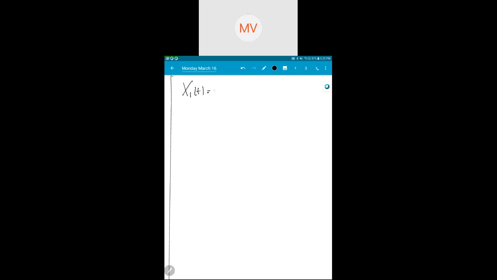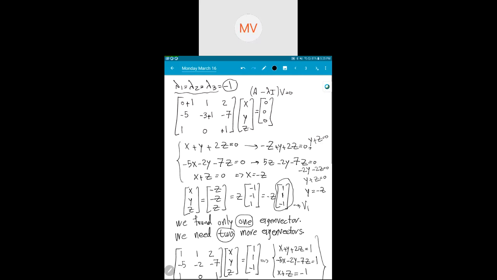Now, x1 of t, that one was very simple. It was v1 e to the lambda t, or in this case, e to the negative t, because all lambdas are equal. x2 of t, let's write it down. I forgot what v1 was.